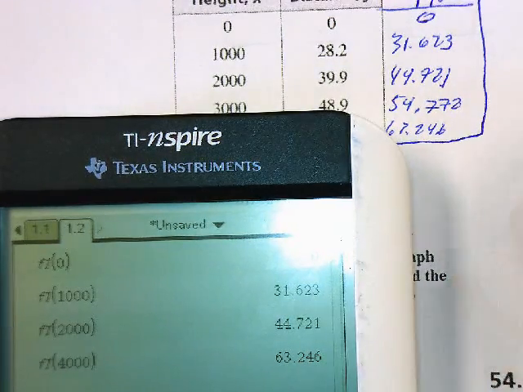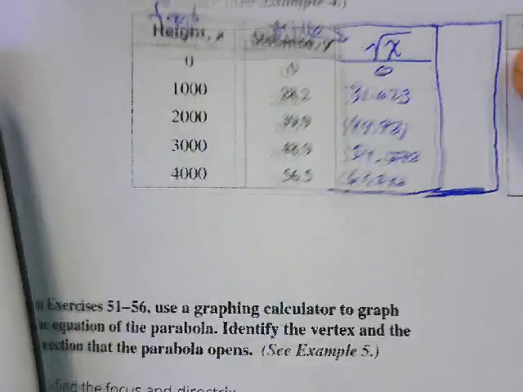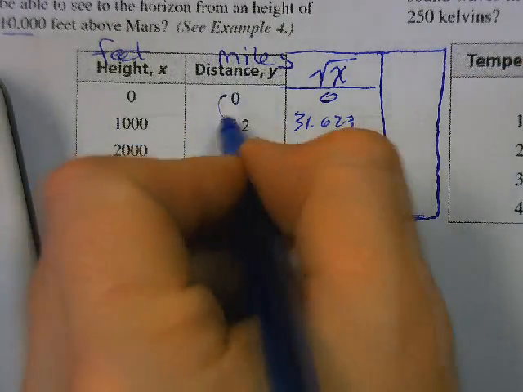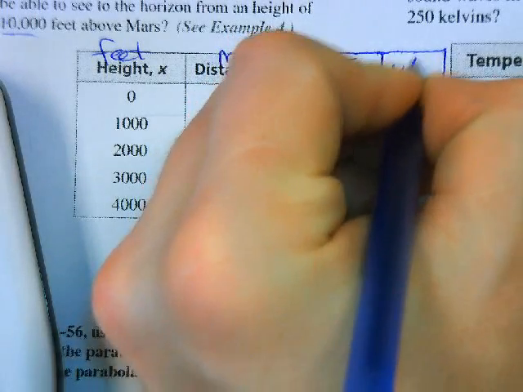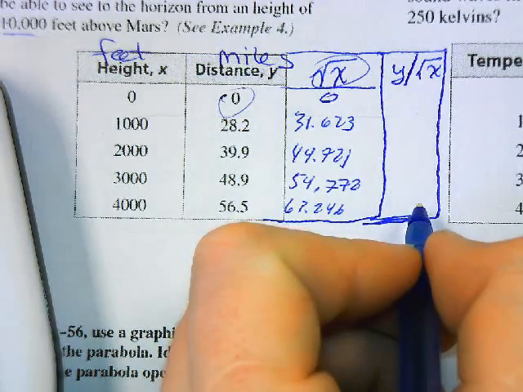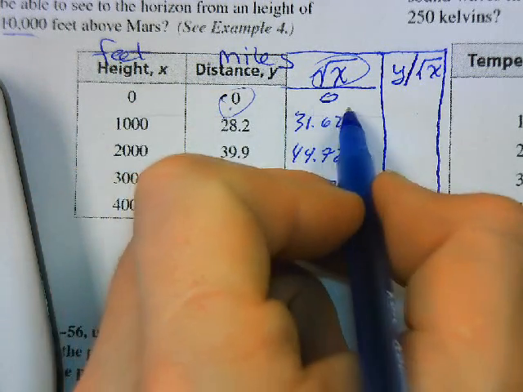Alright. The very last thing we're going to do, and it's one more column over here, we're going to put the distance y divided by this square root of x column. Okay? So in other words, 0 divided by 0 is 0.